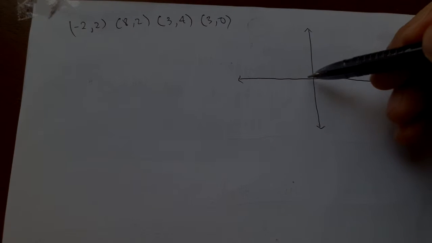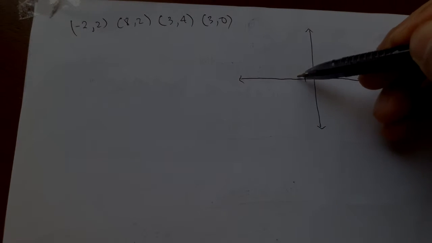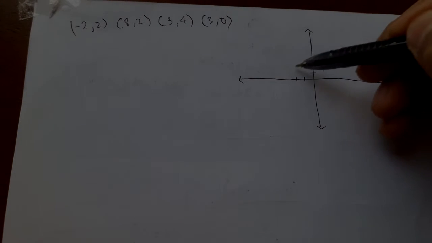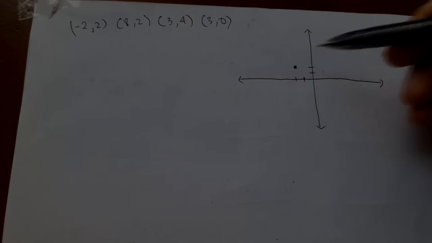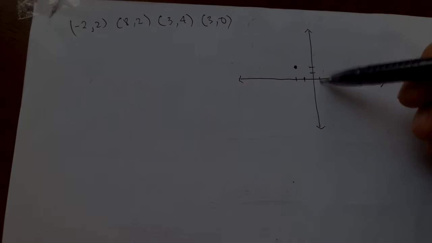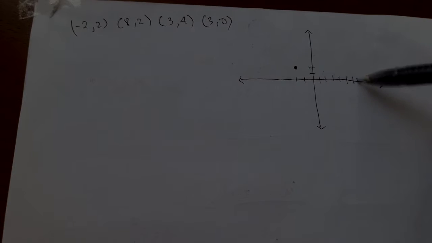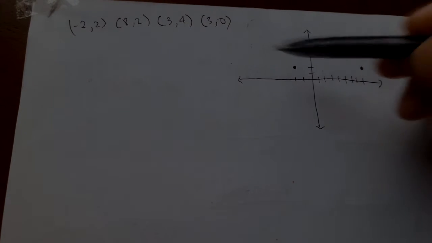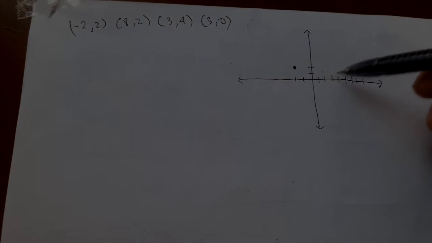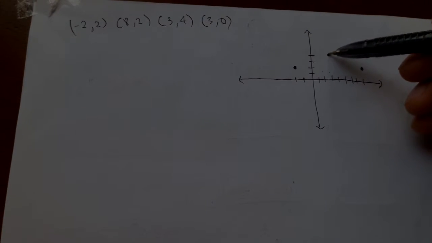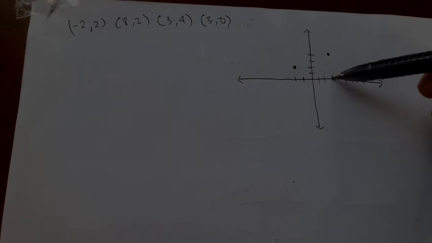So the first is negative 2, 2, 8, then 2, 1, 2, should be here, 3, 4, 1, 2, 3, 4, here, and 3, 0, it would be here.